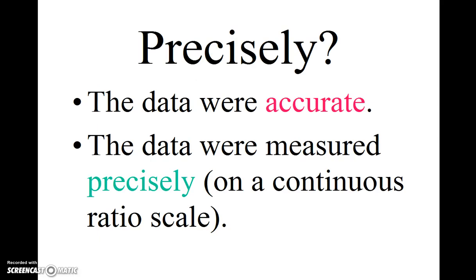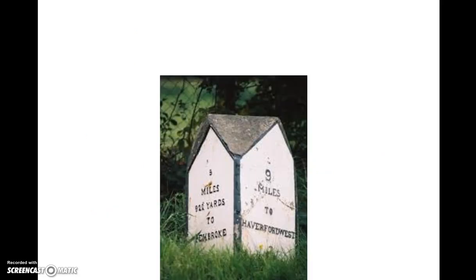Now, if you mean that something measured precisely, don't say that the data were accurate. Say that the data were measured precisely. For example, if we use something like a continuous ratio scale. Let's take a look at this milestone. On the right, it measures in miles, but on the left, it also measures in yards.